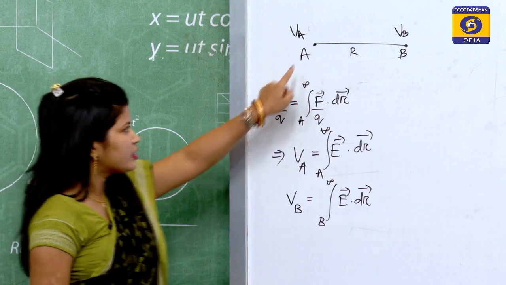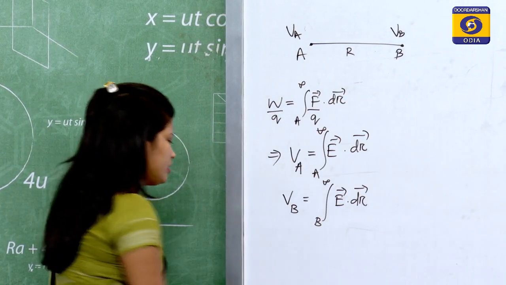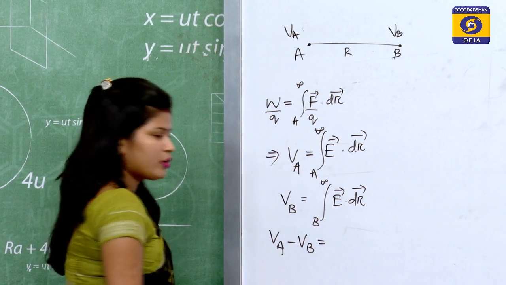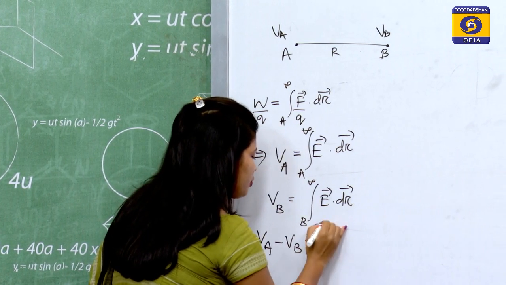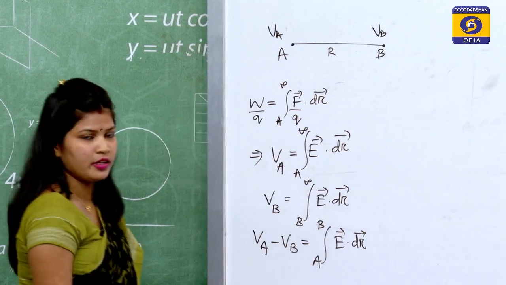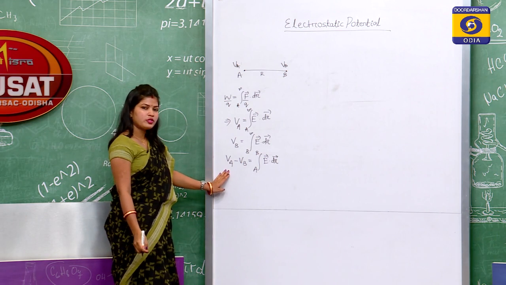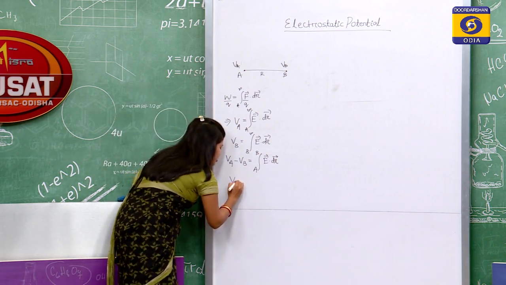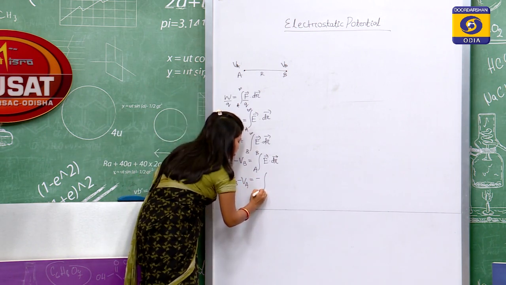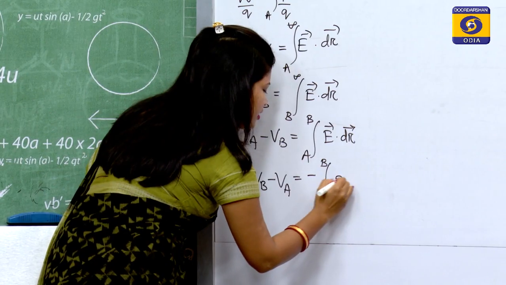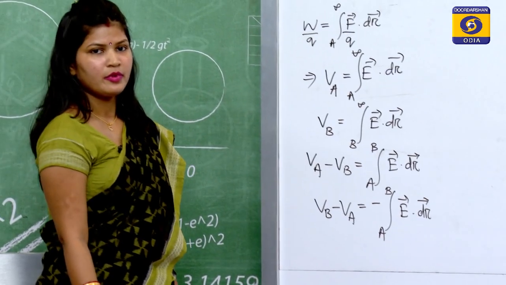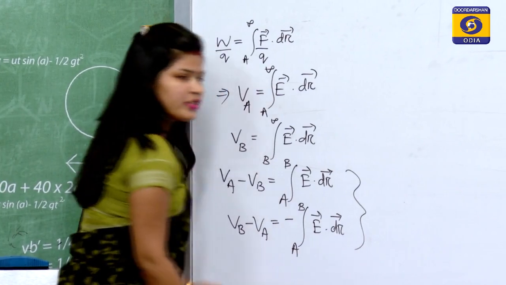The potential difference between the points A and B is V A minus V B is equal to the integration from A to B of E dot dr. Also, in some books it is written as V B minus V A is equal to minus the integration from A to B of E dot dr. This is exactly the same.